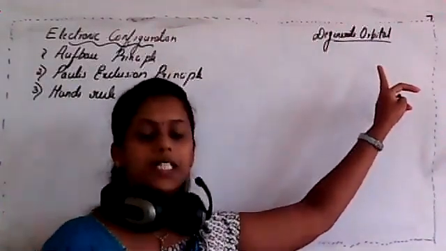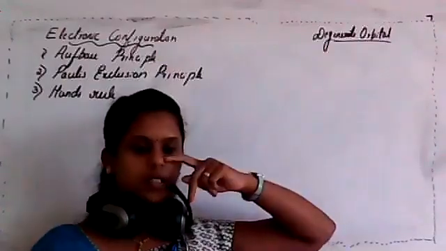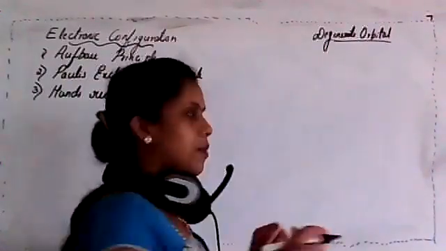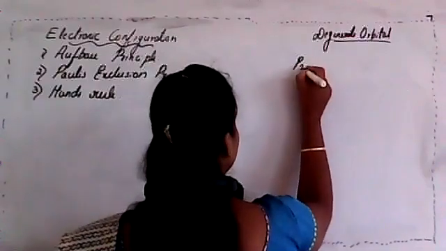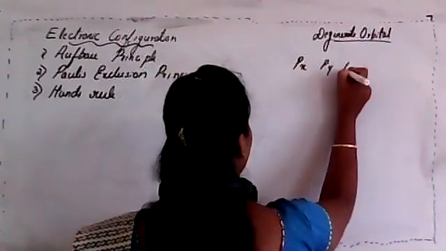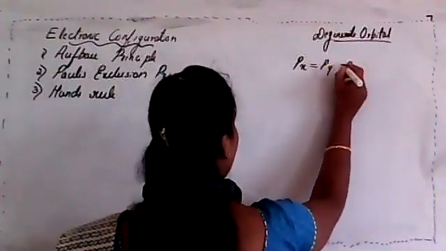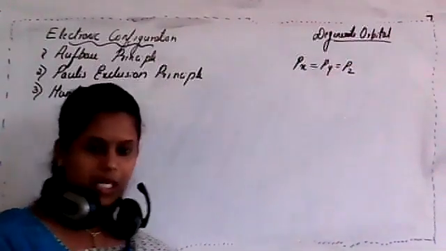So what do you mean by degenerate orbital, students? I already mentioned it: orbitals that have the same energy, isn't it? If I consider px, py, and pz, these are degenerate orbitals because we consider them to have equal energy. Clear?